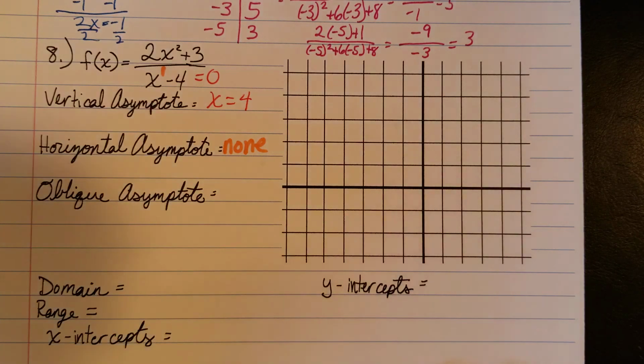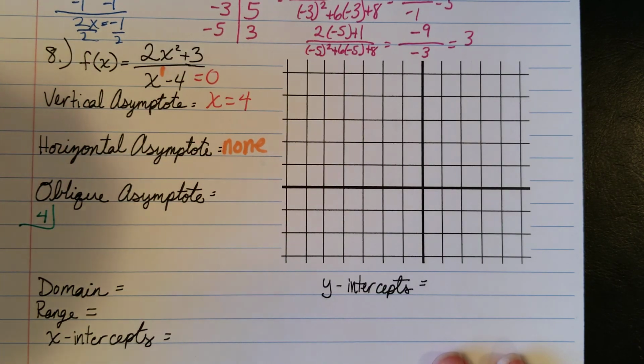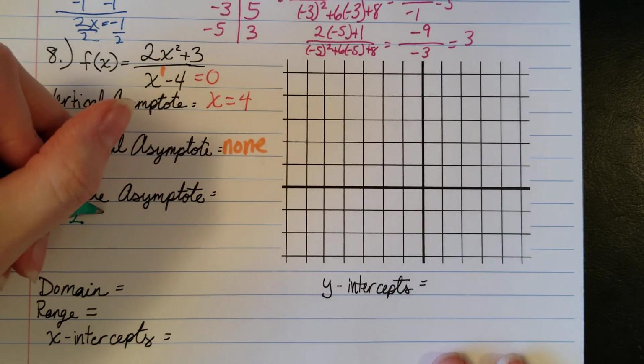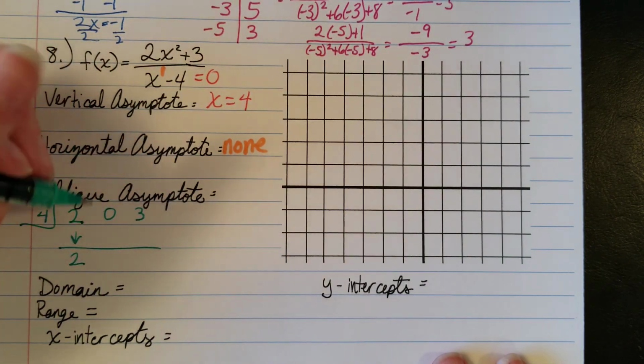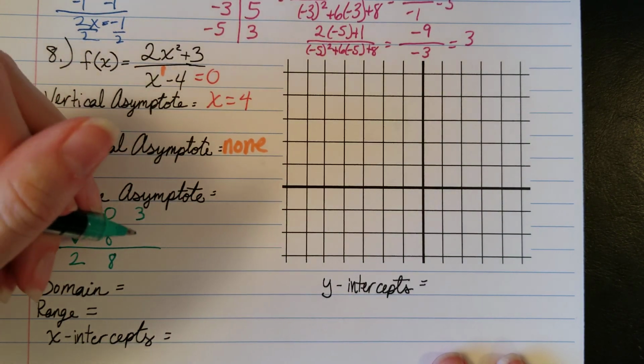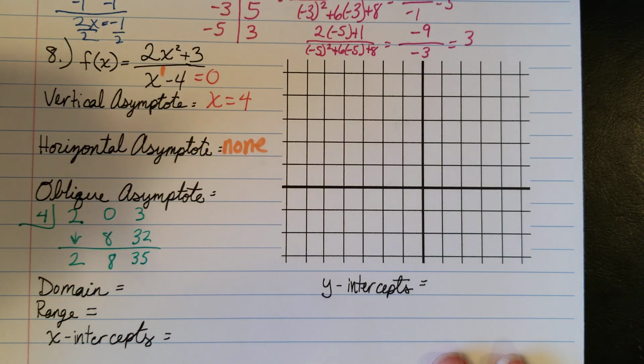So let's see here. So put the 4 in the box. And then the coefficients of the numerator would be 2, 0, 3, 2, 8. Okay, doesn't matter about the remainder.